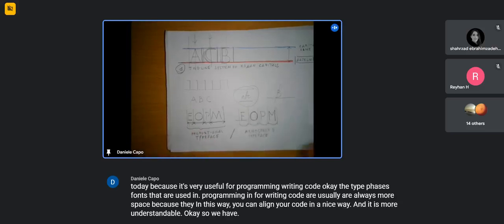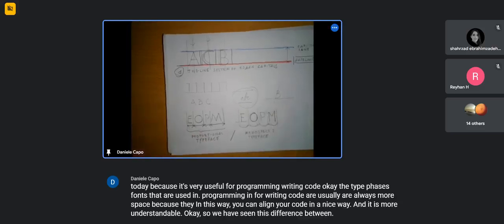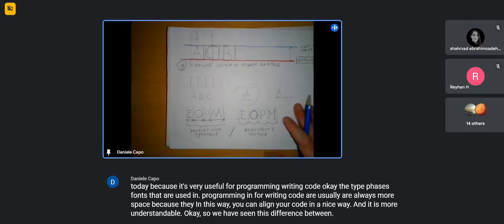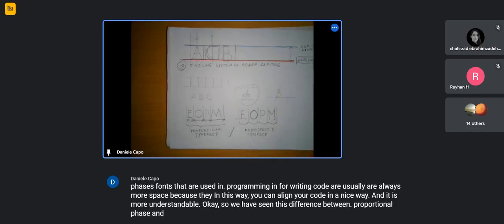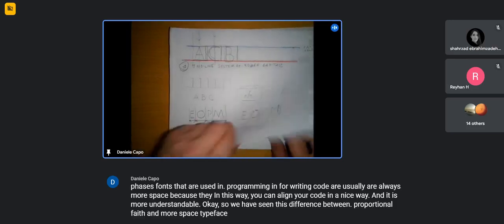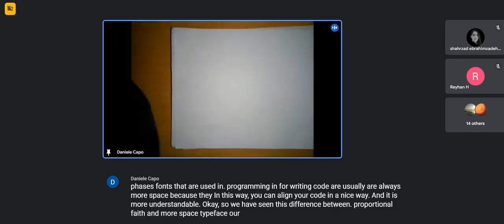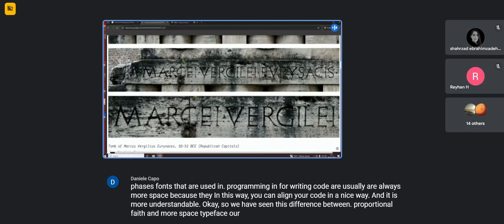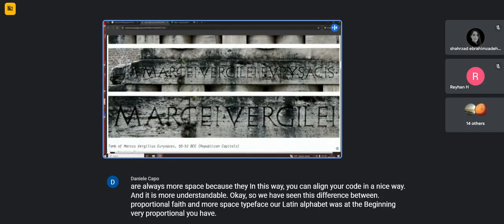Okay, so we have seen this difference between proportional typeface and monospaced typeface. Our alphabet was at the beginning very proportional. You have letters like I that is very thin, I mean, it occupies a small space.